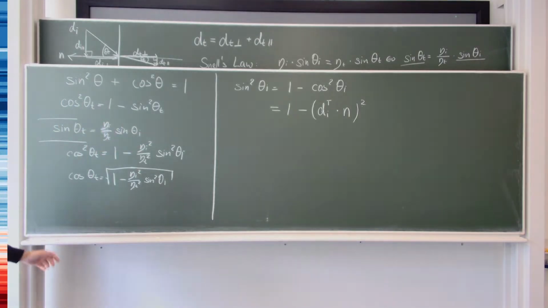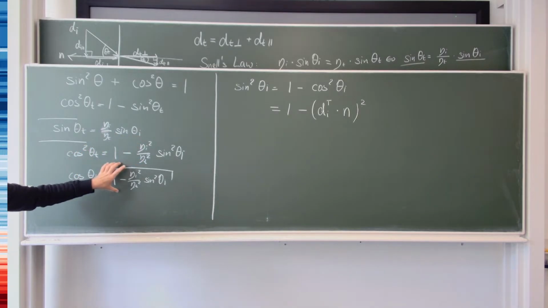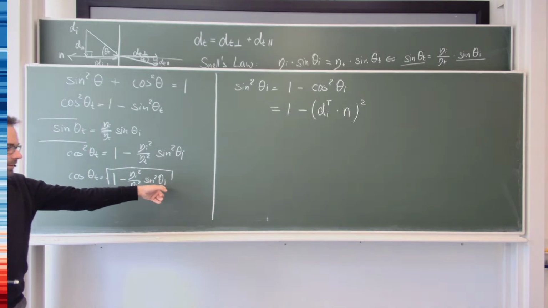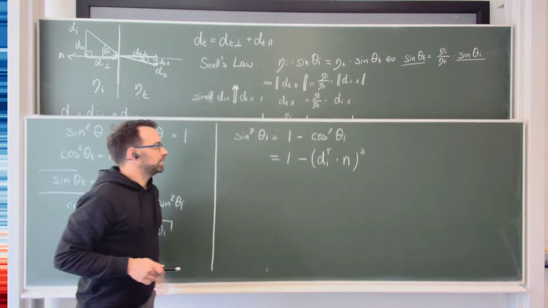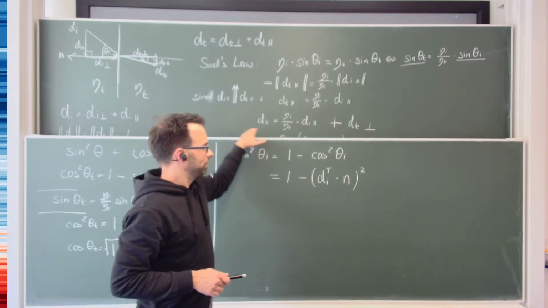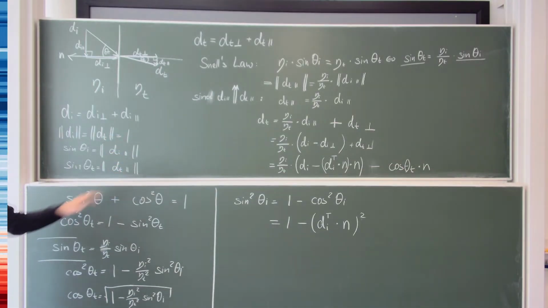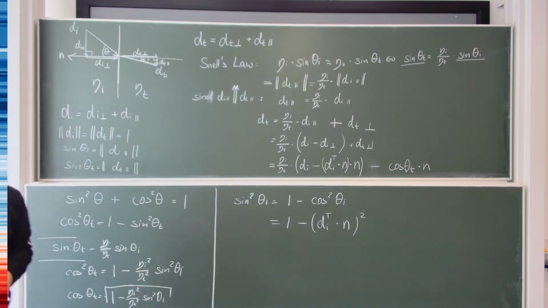So that should be the correct term on this side. The cosine of theta t is the square root of this one. The square root contains the sine squared of theta I, and the sine squared of theta I is, according to the Pythagorean theorem, this one. And that is all you need, in air quotes, in order to come up with the transmission direction.